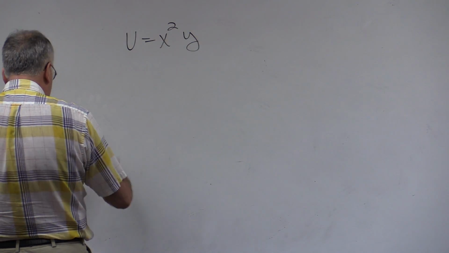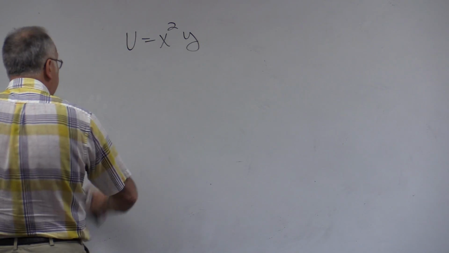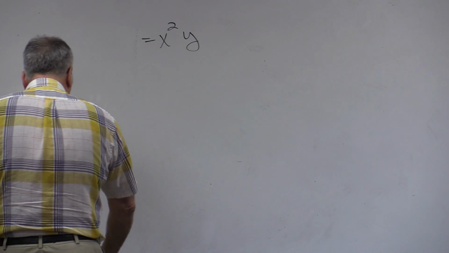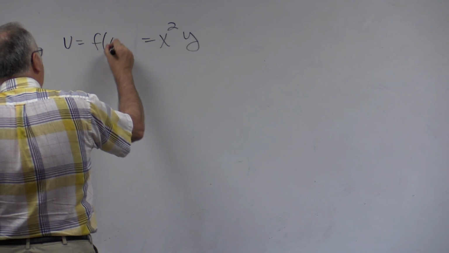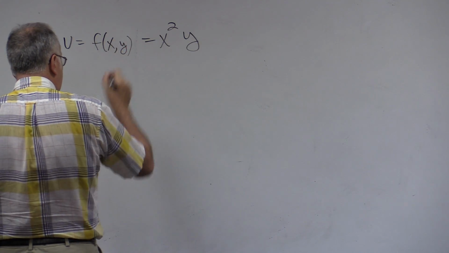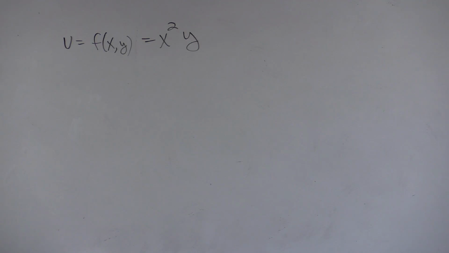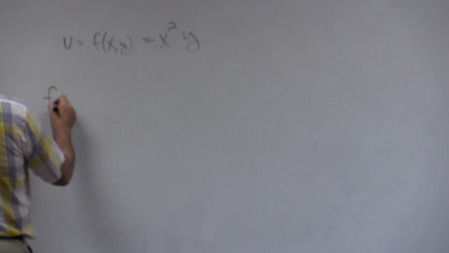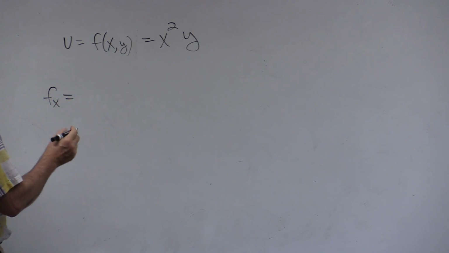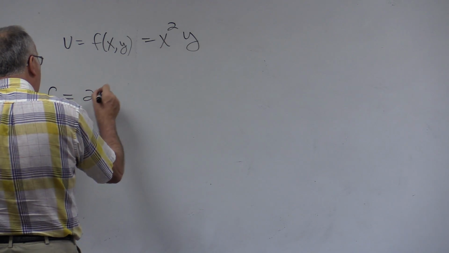And let's follow the book's notation and think of u, utility, as a function of x and y. So what's the easiest way to determine whether this is concave? Okay, well, we want to look at all the second derivatives. Let's get the derivatives. F sub x is 2xy.